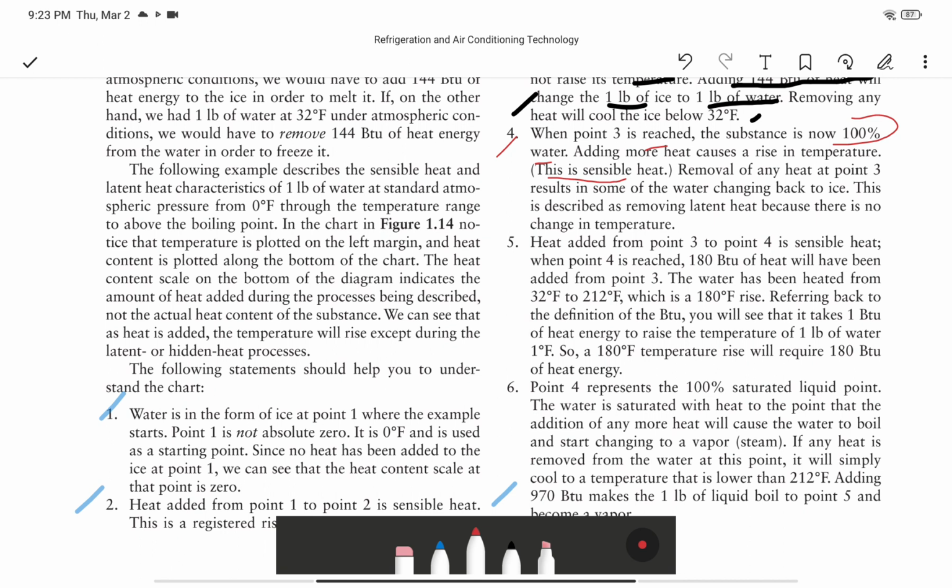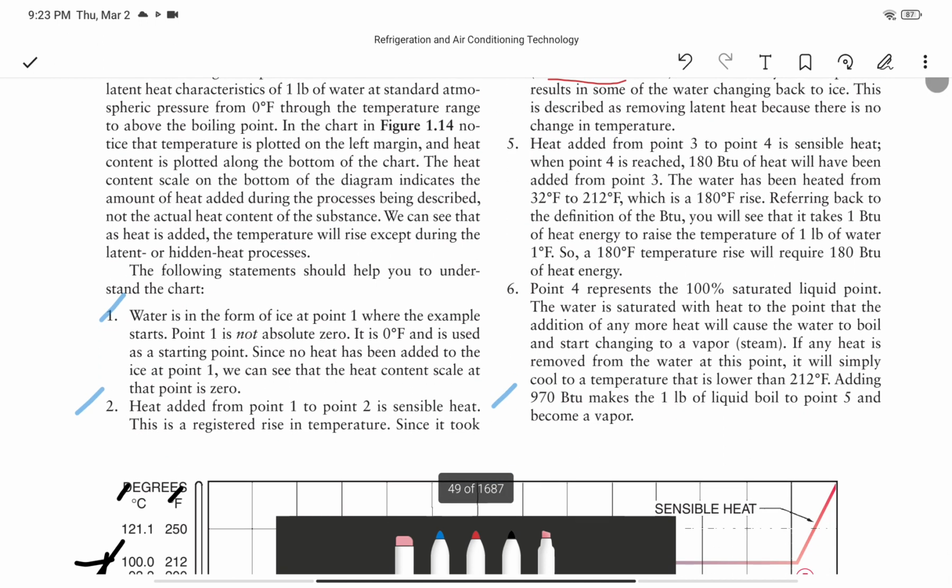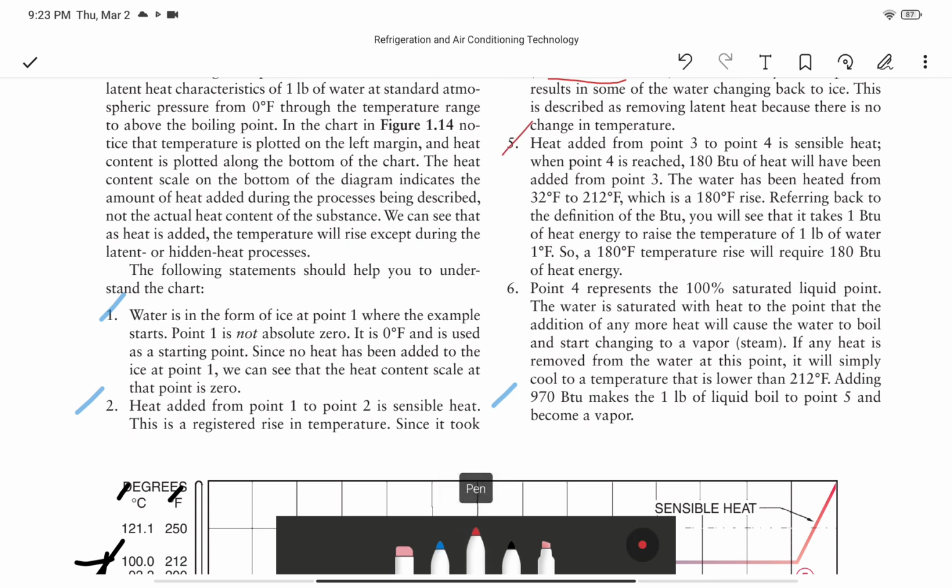Removal of any heat at point 3 results in some of the water changing back to ice. This describes the removing of latent heat because there is no change of temperature. So heat is added from point 3 to point 4. Sensible heat it is.